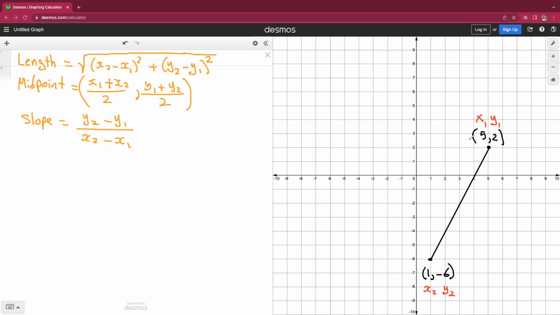Now, after this, is this hard to do? Of course not. It's not going to be hard because it is straightforward. You just plug it into the formula. So let's find the length of the line first. Again, is this hard? Not at all. All you need to do is know this formula, memorize it.